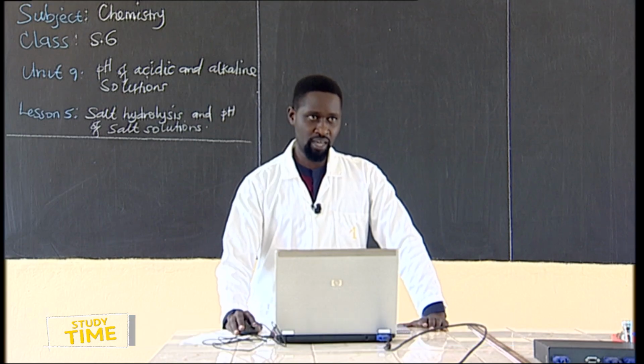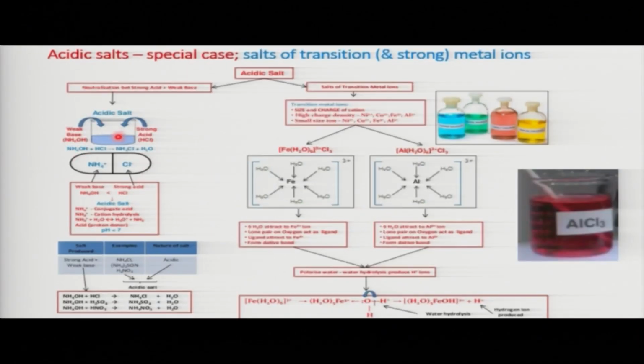This is the example of ammonium chloride we looked at. So let's look at aluminum chloride. It falls in the salts of transition metal ions or strong metal ions.